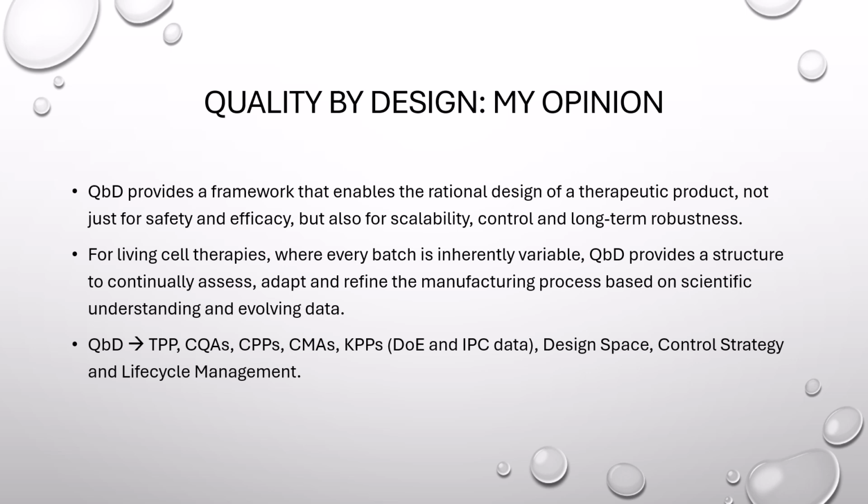You get this information, or monitor it, from your in-process control data, and you can also get information from your designs of experiments. Understanding what your design space is, having a good control strategy, and continuous life cycle management, in order to have a product that is consistently manufactured under the changing and evolving life cycle of that particular product.